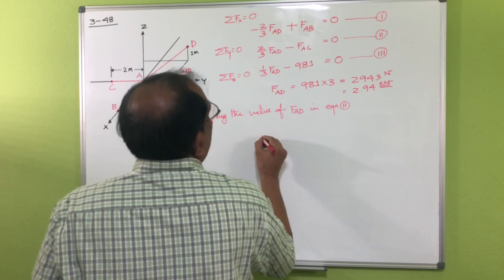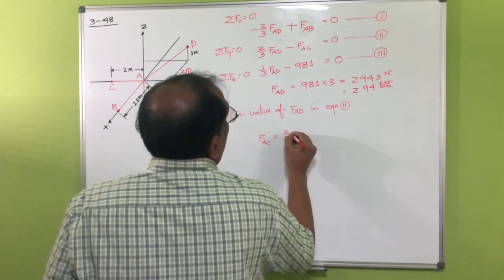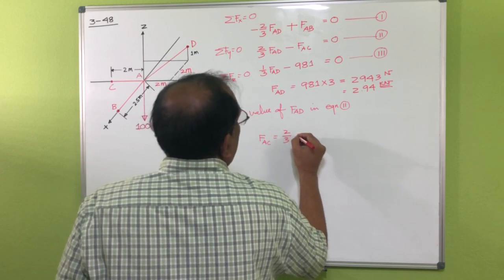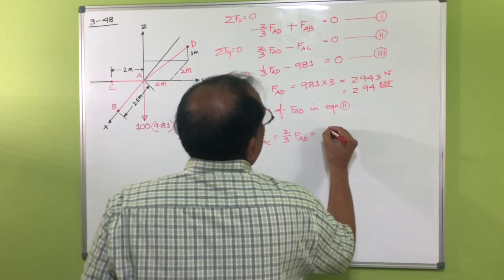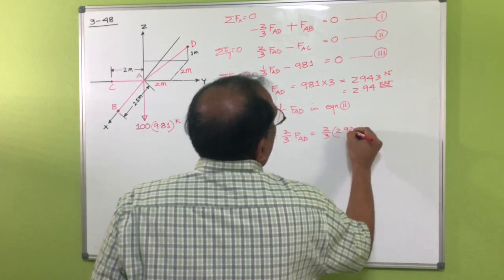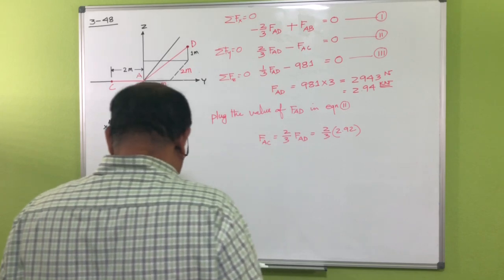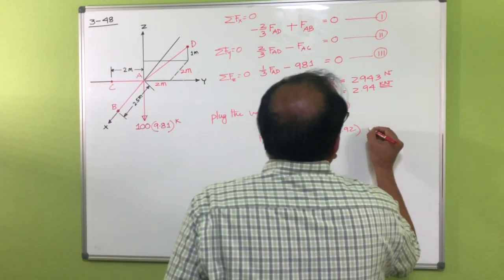So 2/3 FAC is equal to 2/3 of FAD, which is 2/3 of 2.94. So FAC equal to 1.96.